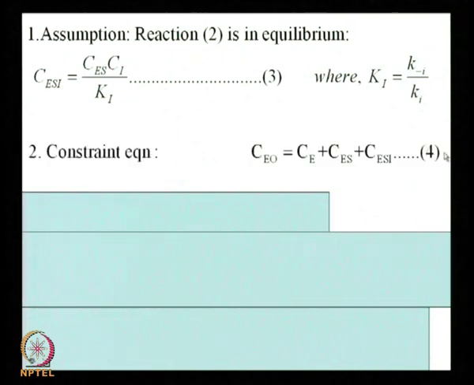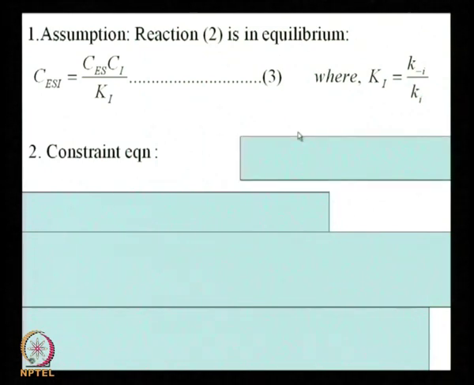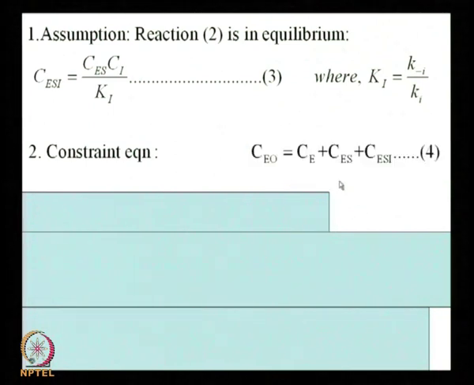But what we will do next is a constraint equation. We will come to the quasi steady state a little later. What is the constraint equation going to be? Similar to before, slightly different: CE naught equals CE plus CES plus CESI. As simple as that.